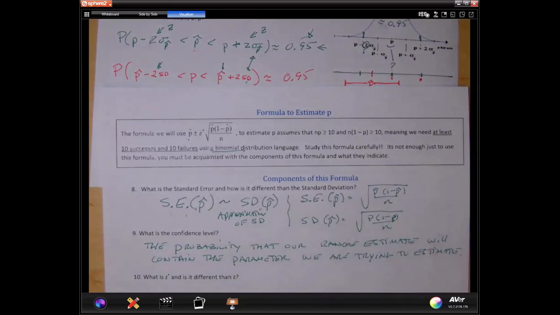That's all it is. What is z star, and is it different from z?